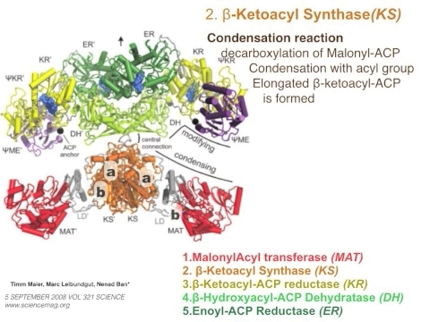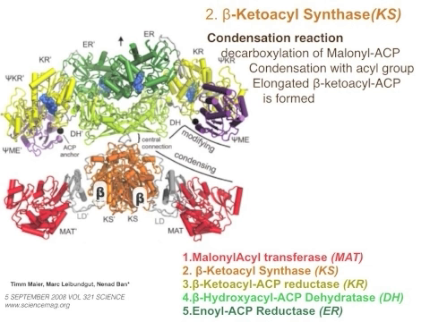So here comes the malonyl ACP. It is going to become decarboxylated to form another acetyl group. The carbon dioxide is going to go away. And now we're going to condense these two acetyl groups to form a 4-carbon unit. And this happens through the action of beta-ketoacyl synthase.